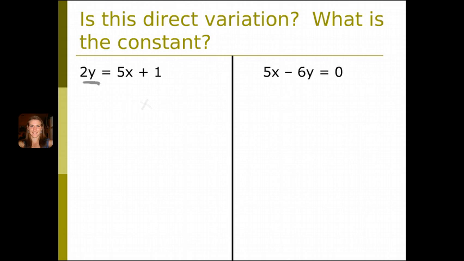So how do we solve for y? We would divide both sides by 2. So we would get y is equal to 5 over 2, divide each term separately, plus 1/2. Now we can look at and compare it to y equals kx.